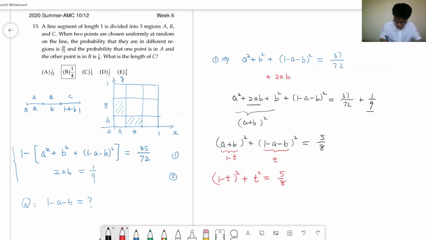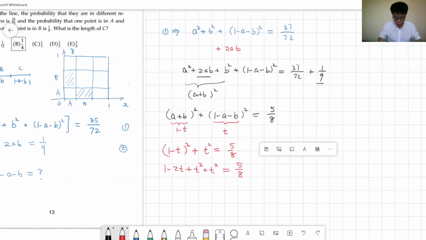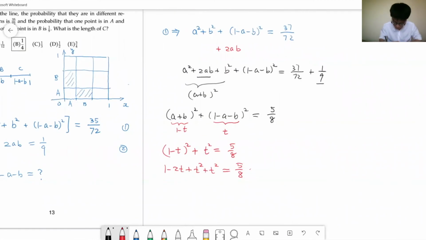Yeah, let me expand to avoid mistakes. 1 minus 2T plus T squared plus T squared is 5/8, right? And then we have this quadratic equation, (3/8) equals 0.